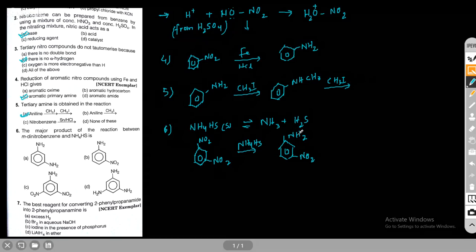So NH4HS will convert into NH3 first, and that NH3 will take part in the reaction, replacing one of the NO2 and attaching to the ring. So the product will be option B here, not C.